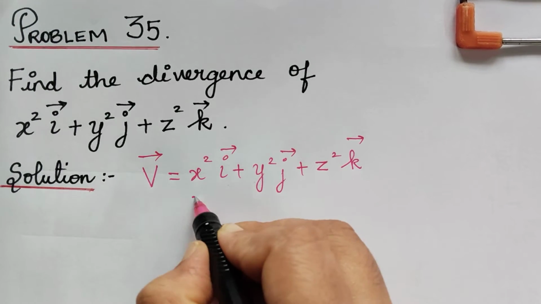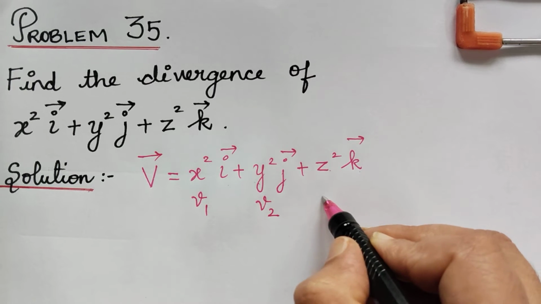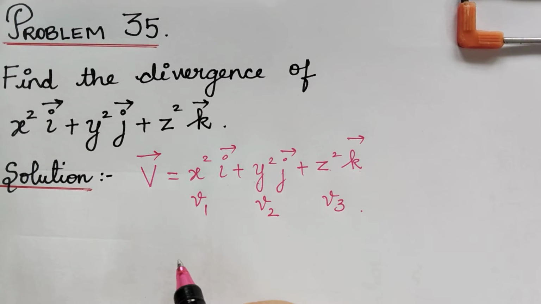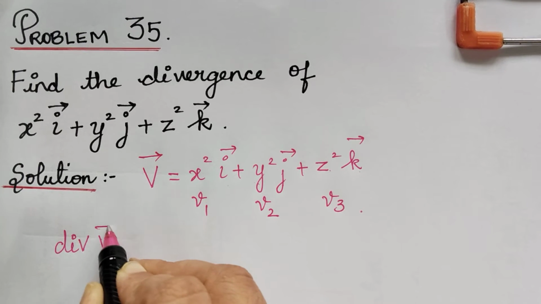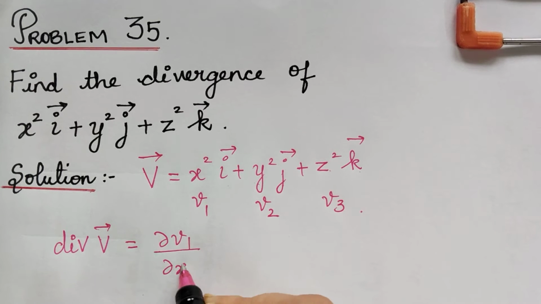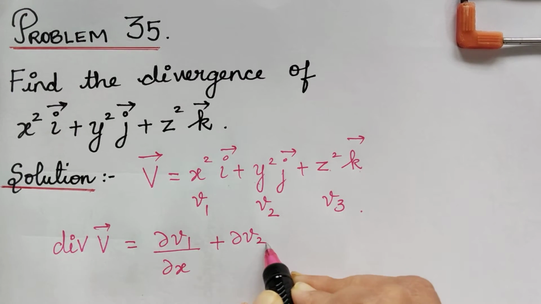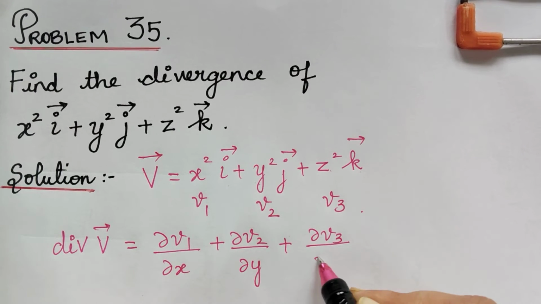So the ith component is v1, the jth component is v2 and the kth component is v3. Now we know that div of v vector is equal to dou v1 by dou x plus dou v2 by dou y plus dou v3 by dou z.